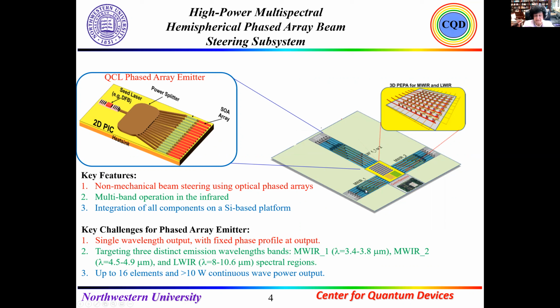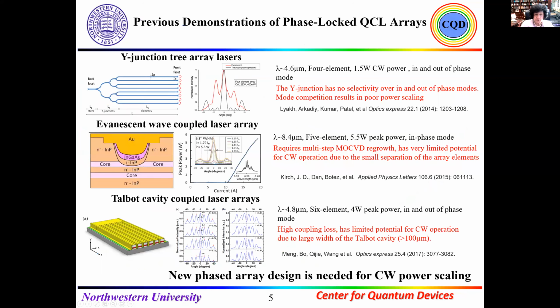We would like to have up to 16 elements for each wavelength, to give higher than 10 watts continuous wave power output. For that, we try to use phase lock laser arrays.